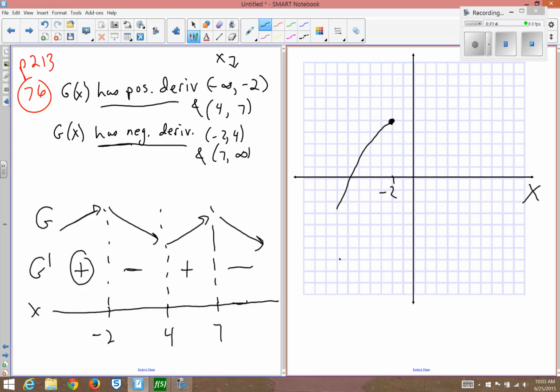And I'm going to go to 4 and plot some point. But it has to be lower than that point because g, which I'm graphing here, has to be decreasing from where x is -2 to where x is 4.